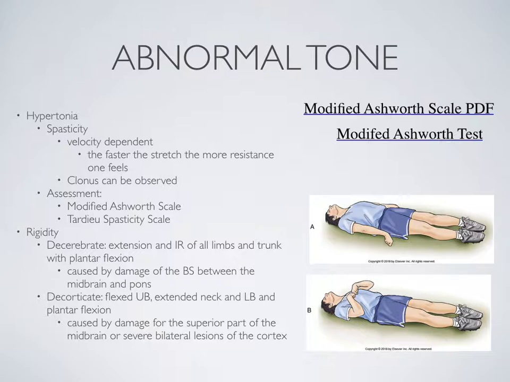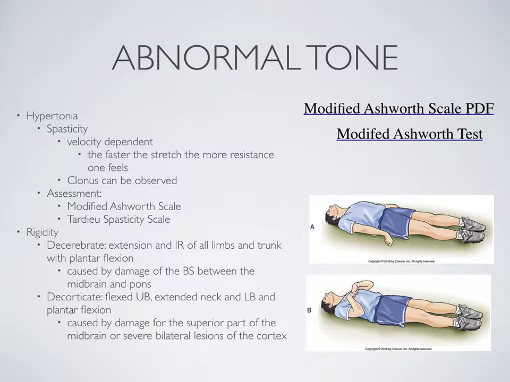And then when we get to that latter end of that continuum is when we're seeing rigidity. And rigidity is essentially an inability to passively move because of how hard the muscle tone is firing. And so usually when we see rigidity is when we have significant damage to our upper motor neuron structures.